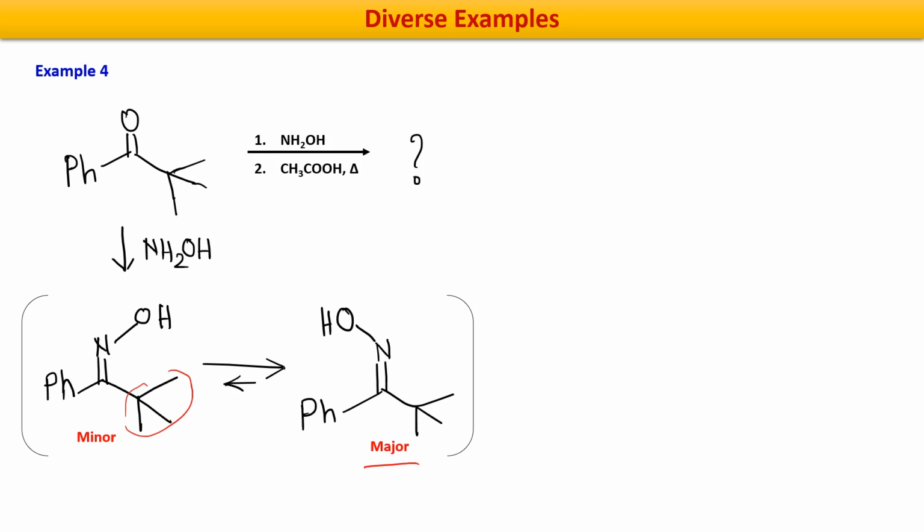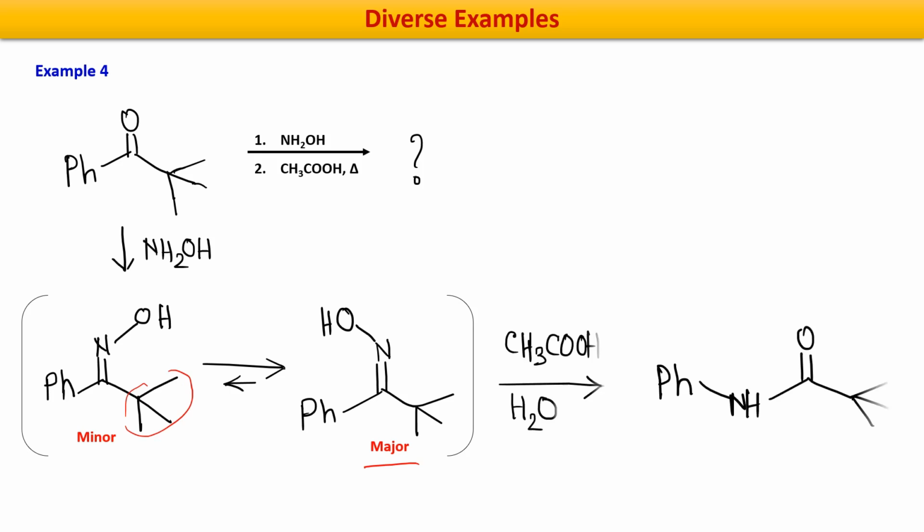So what happens if you have some protic acid medium? Now the product that you are getting, you have to write on the basis of the electronic factor. Now between Ph and this tertiary butyl group, you have to give preference to Ph. That is from the electronic factor, the migrating tendency, you have to give preference to it.